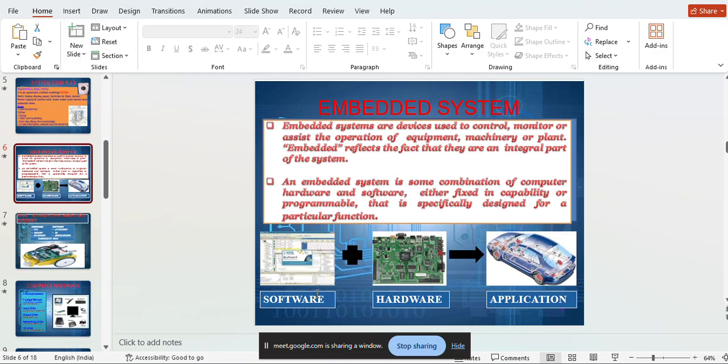Softwares are programming languages and applications to write and upload the program. The hardwares are the controllers, sensors, motors, display modules. By combining these two, you are giving an output as an application.